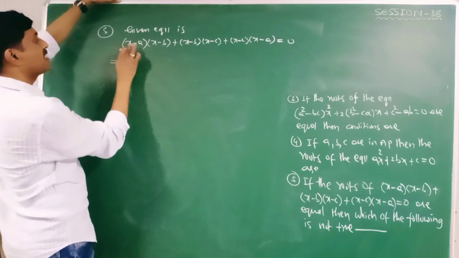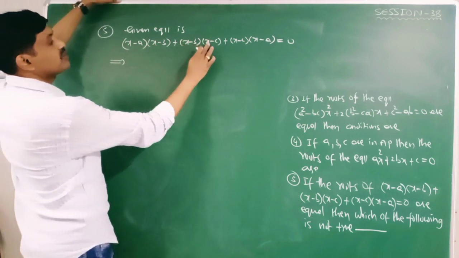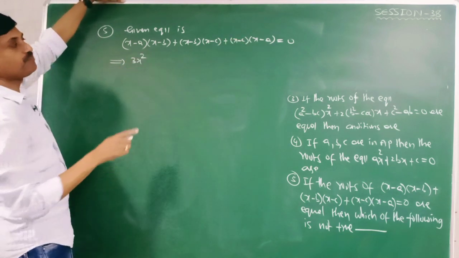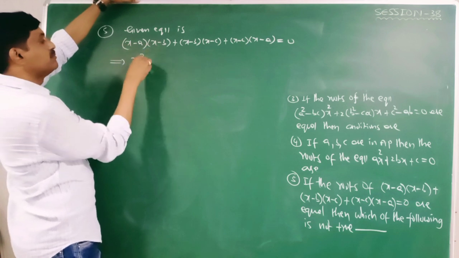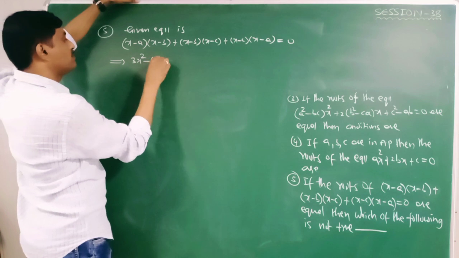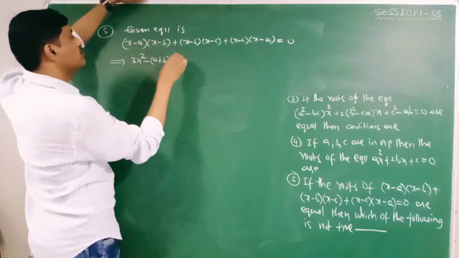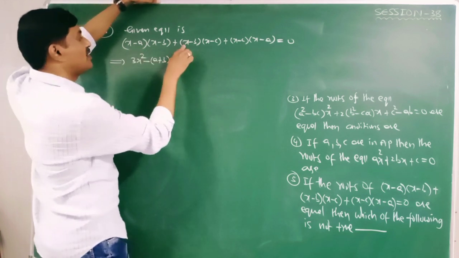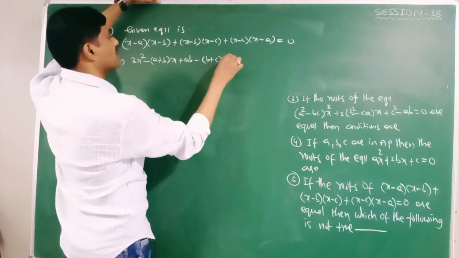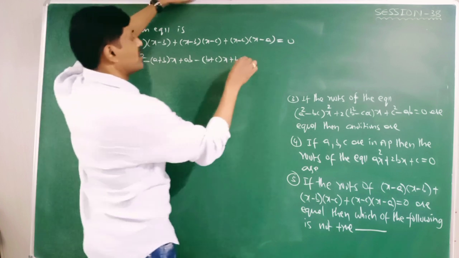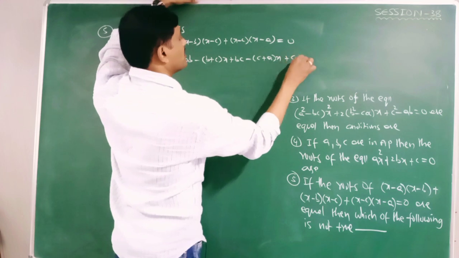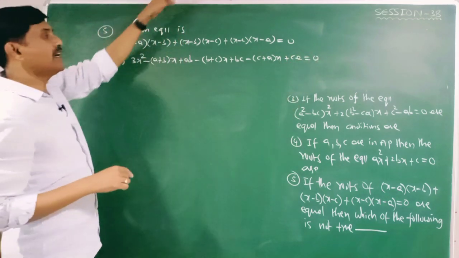Multiplying x into x gives x square, three times, so 3x square. Then x into minus b and x into minus a gives minus (a plus b) times x, and a into b is ab. Now here minus (b plus c) times x plus bc. Here minus (c plus a) times x plus ca is equal to 0.